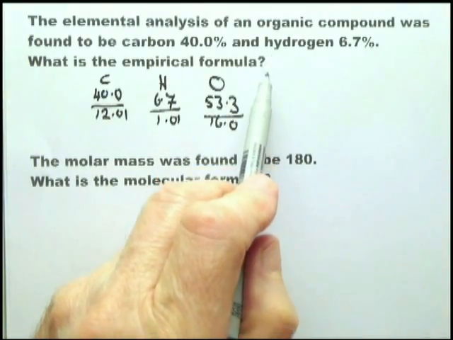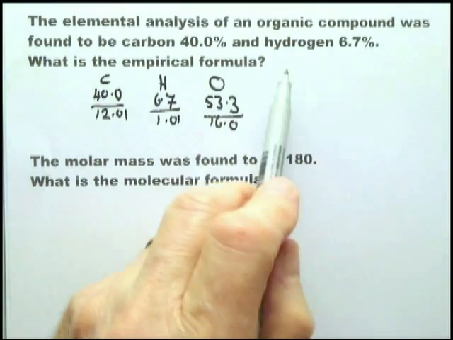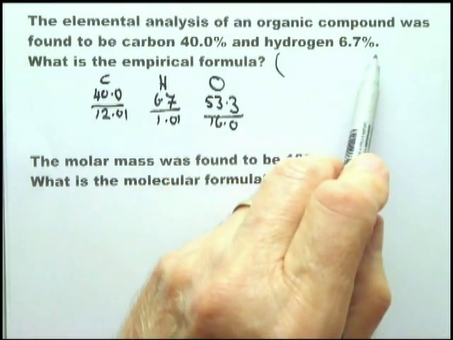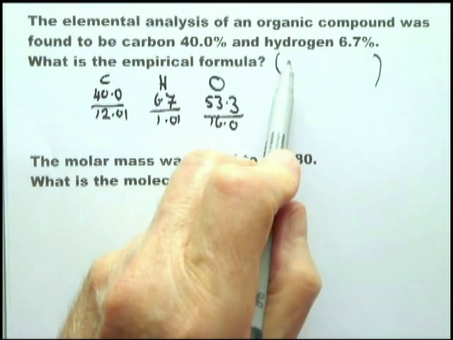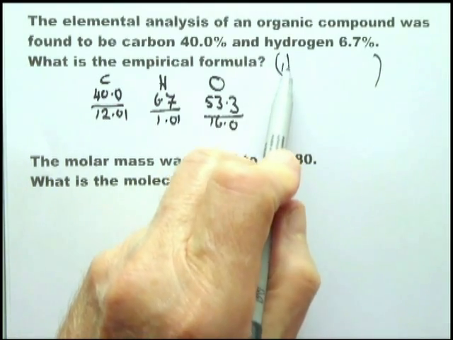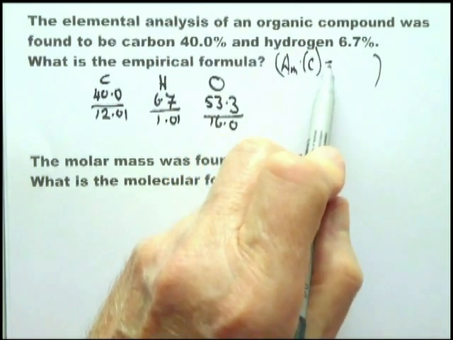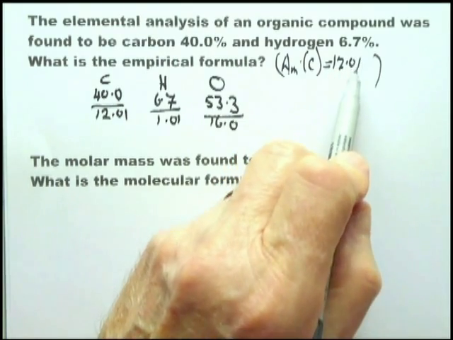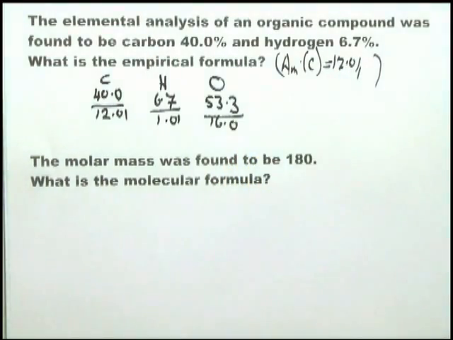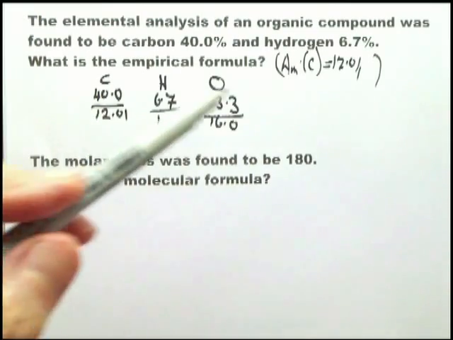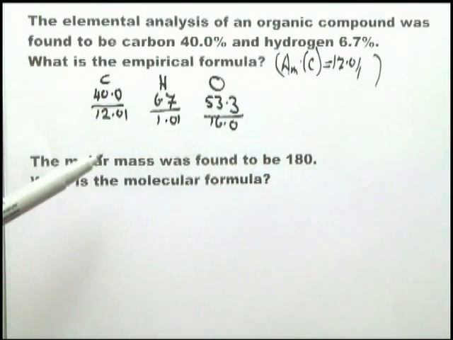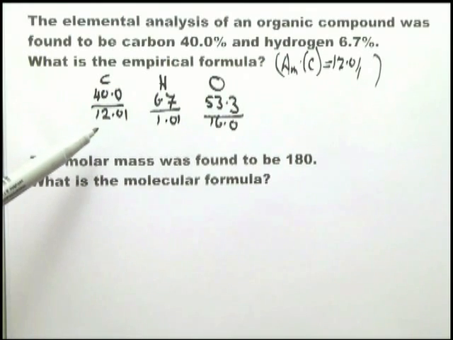Sometimes at the end of a question they will give you the atomic masses, and they will say something like atomic mass of carbon C equals 12.01, etc. In this case, nothing is mentioned, so use what's in the periodic table.